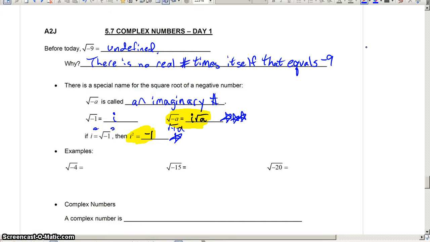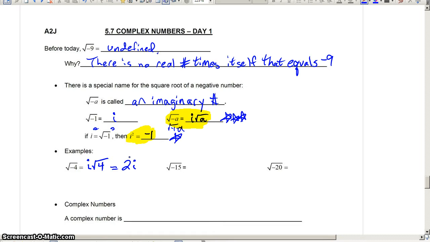So, for example, if we had the square root of -4, first thing that we do is we very simply take out an i. We'll have i radical 4. But the square root of 4 is really just a 2. Instead of writing i times 2, however, we're going to put 2 times i.